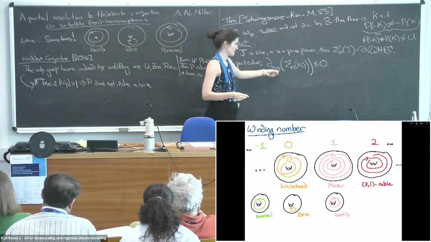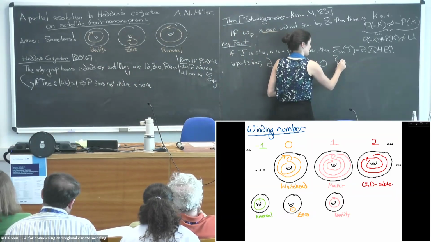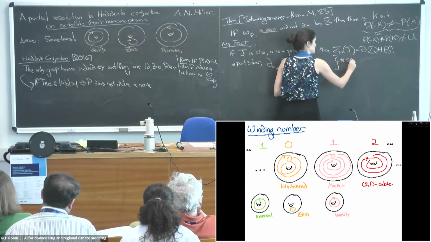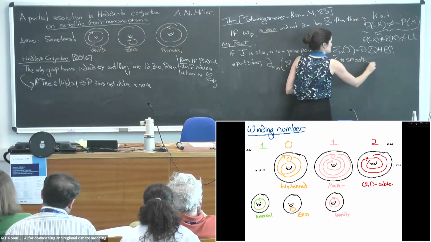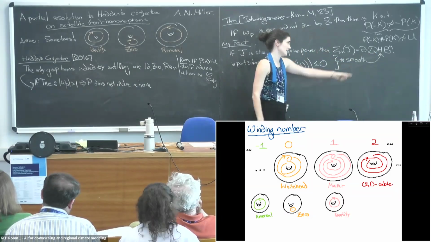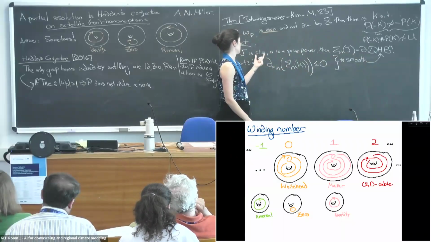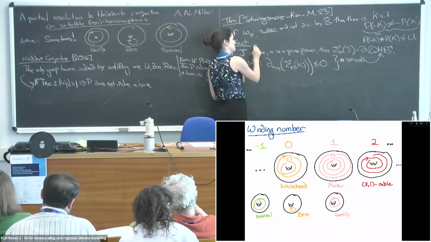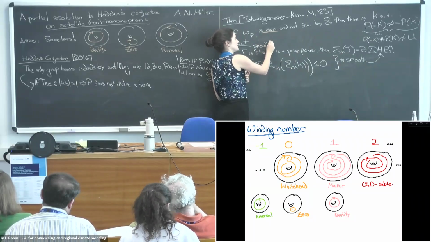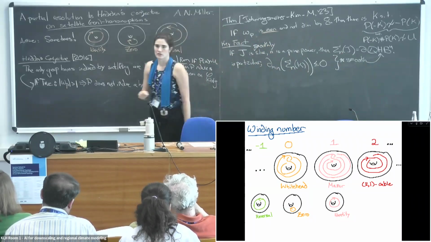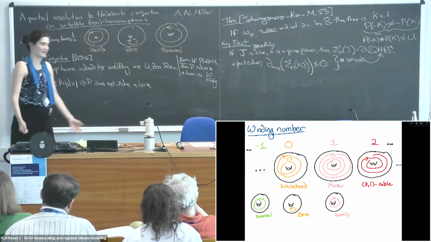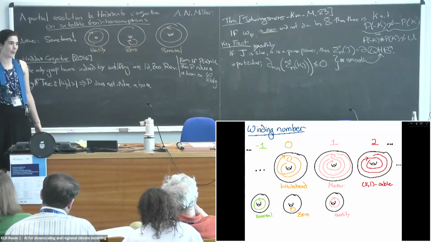This, just to emphasize, is true if this is smooth, and this is known to be smooth if J is smoothly slice, i.e. smoothly concordant to the unknot. So that's why this talk is all in the smooth category.